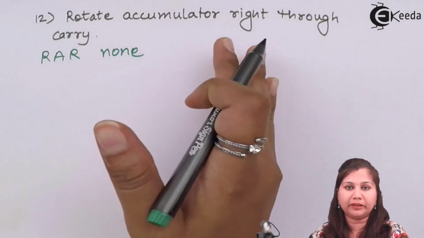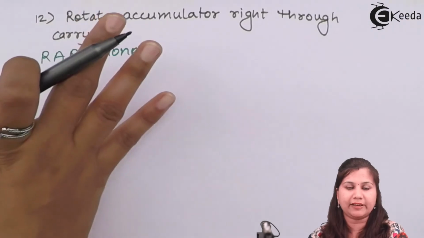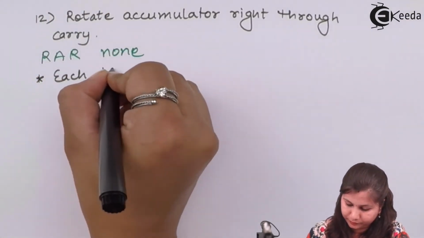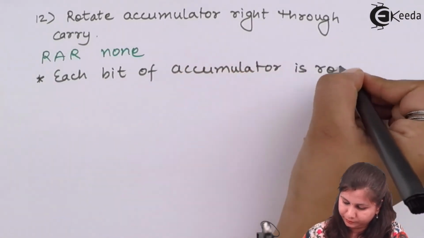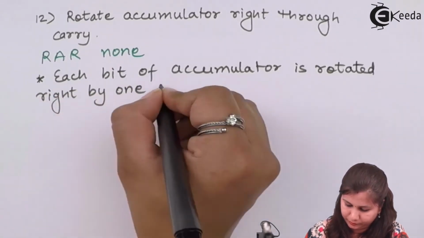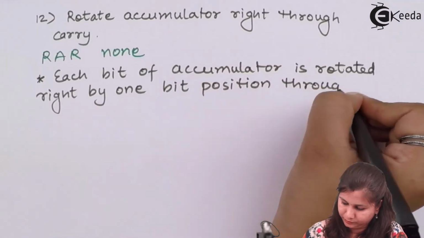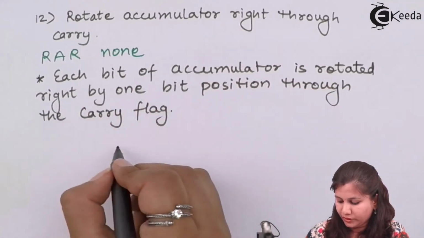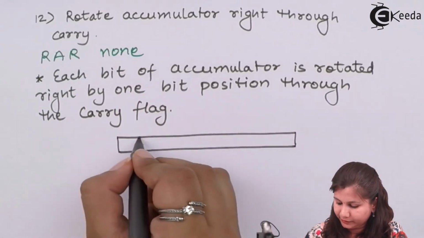So the D0 bit will become the carry flag. Carry flag will become the D7 bit. So if we see here, we have the 8-bit accumulator.